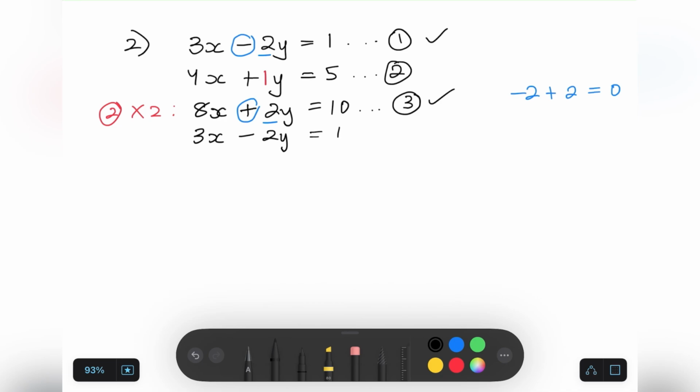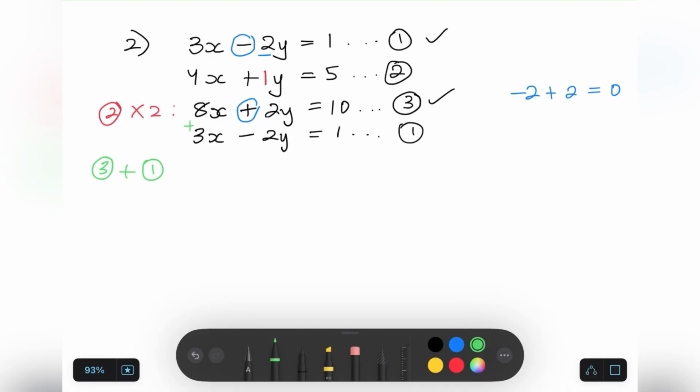I just wrote it over, right? That's equation 1. And now to get rid of y, like we just established, we're going to add the two equations, right? So we're going to say equation 3 plus equation 1. That means all the corresponding terms, I'll add them together.